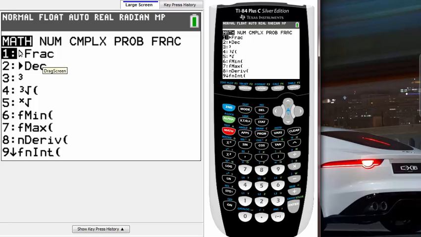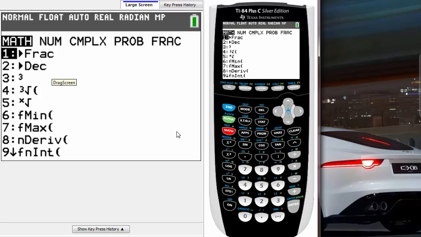The first one, with the triangular shape colored in black that says frac, means you want to change whatever is on the left into a fraction answer. I'll show you how to use this in a minute. And the second one means whatever is on the left, you want to change into a decimal answer.